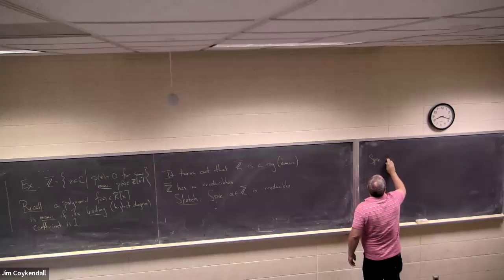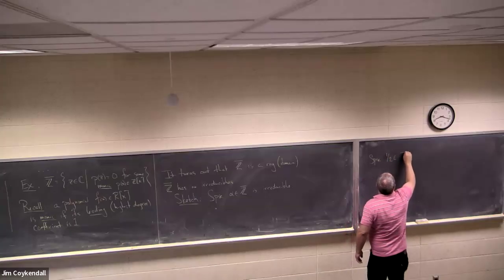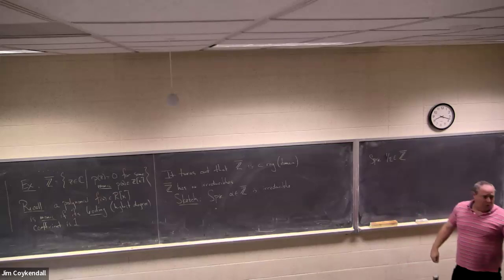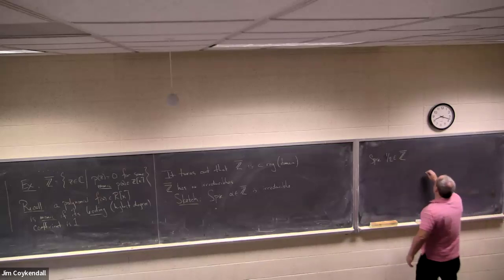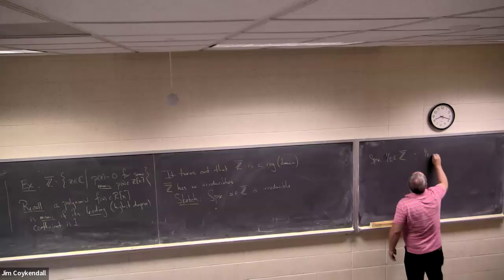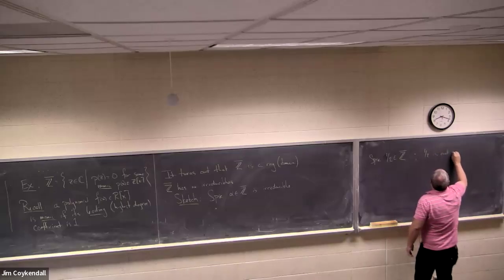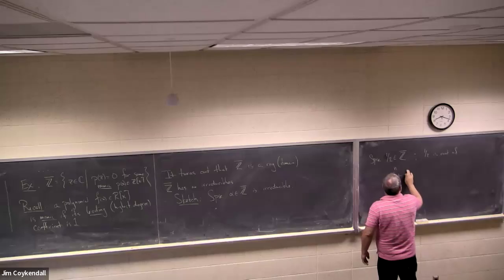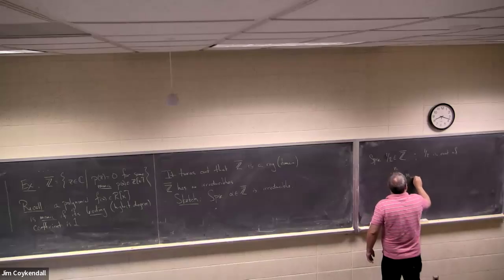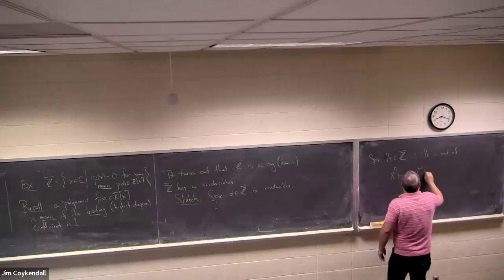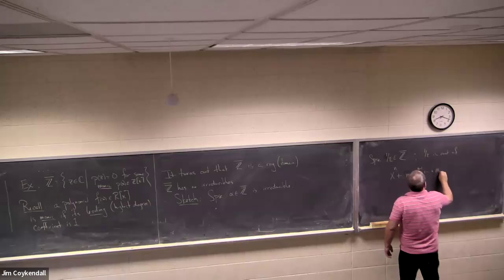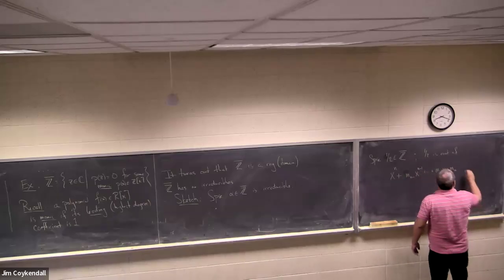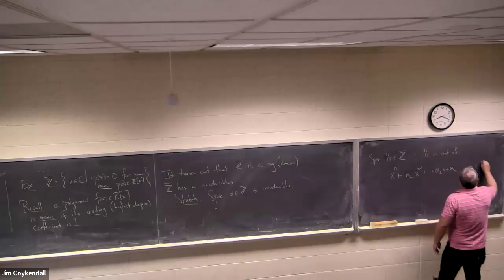Suppose 1/2 is in Z bar. Well, what that means is 1/2 has to be a root of x to the n plus m sub n minus 1 x to the n minus 1 plus and so on, plus m sub 1 x plus m naught, where the m_i's are integers.